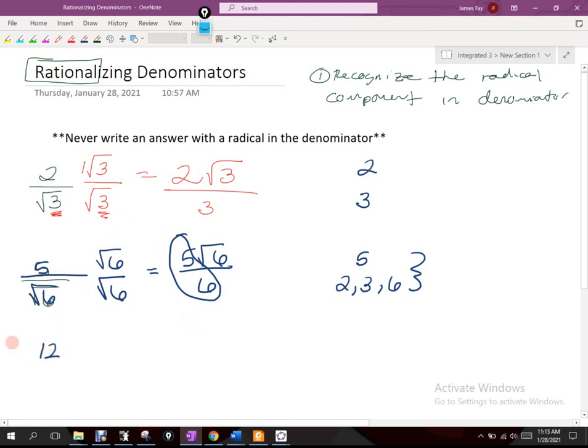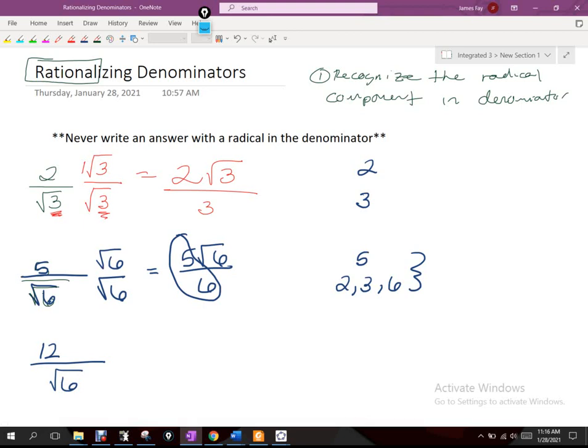And this might change a little bit, Maya, what you are recognizing with your final answer. So let's go. Let's just go 12 over radical 6. 12 over radical 6.